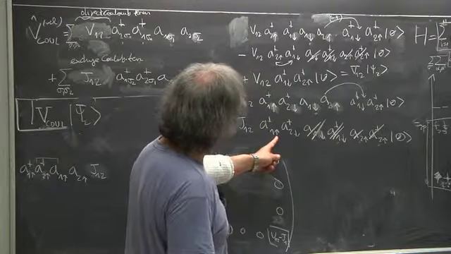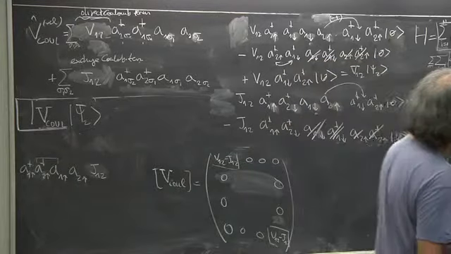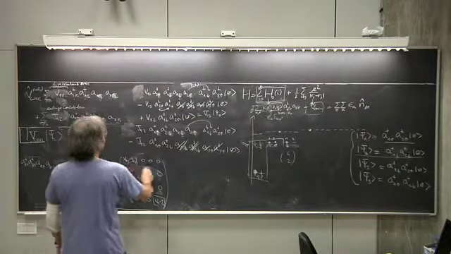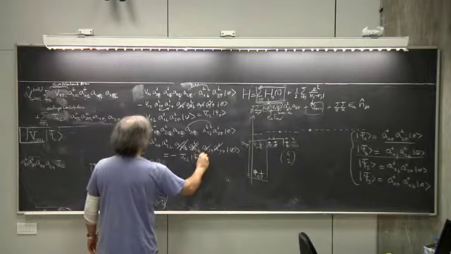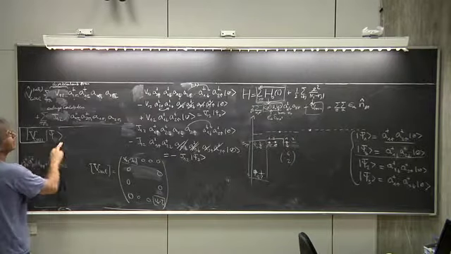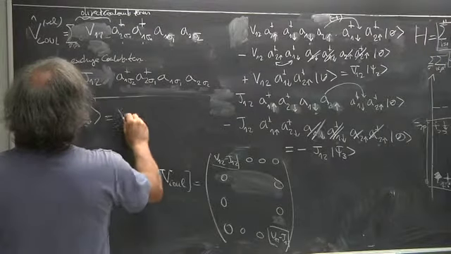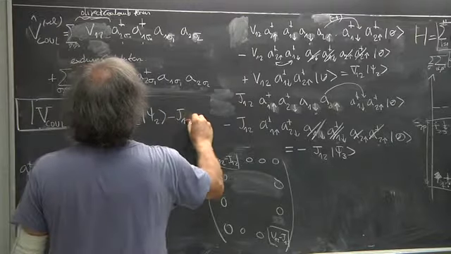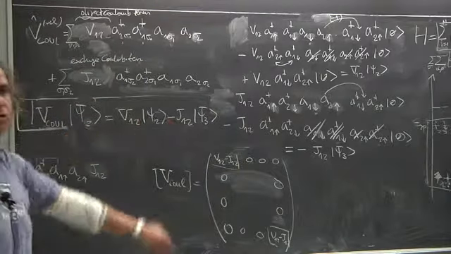The remaining thing is, however, not psi 2, but is psi 3. Okay? Good. So this thing is really equal to minus J12 psi 3. Okay? Good. So I have written that psi Coulomb applied to psi 2 is equal to V12 psi 2 minus J12 psi 3. Okay? So now 2 is mixed to 3.